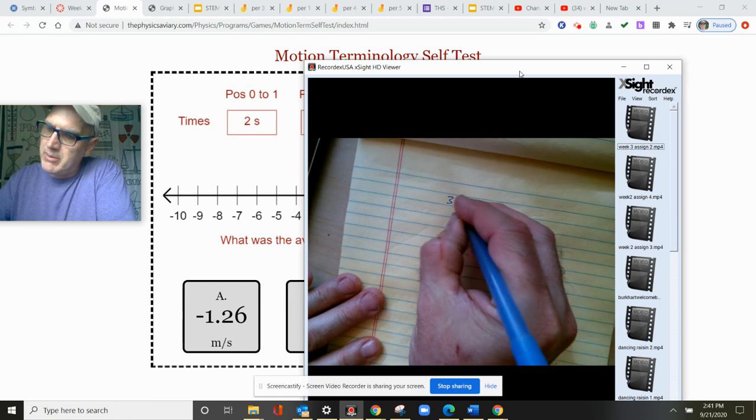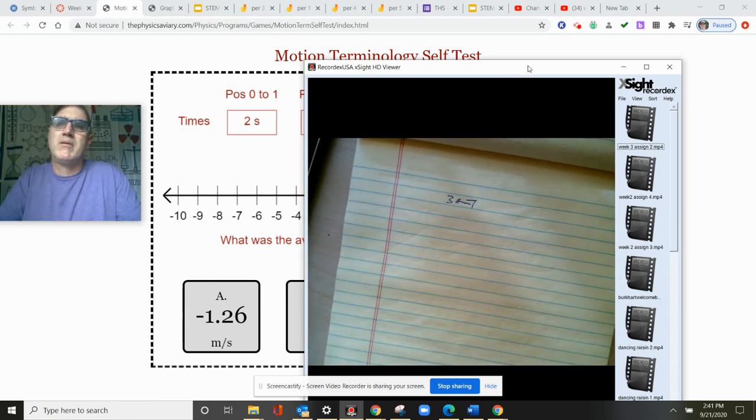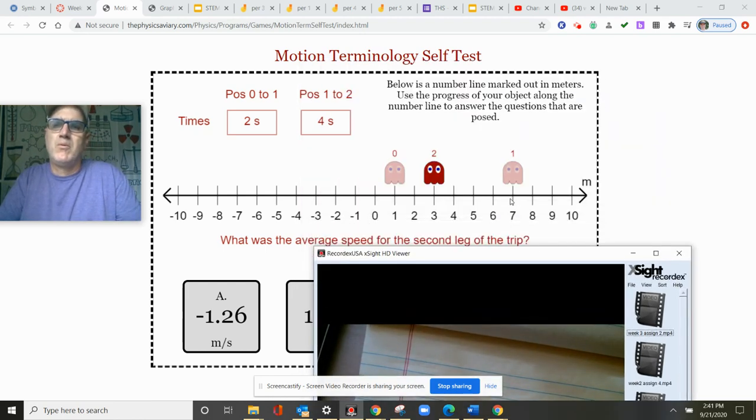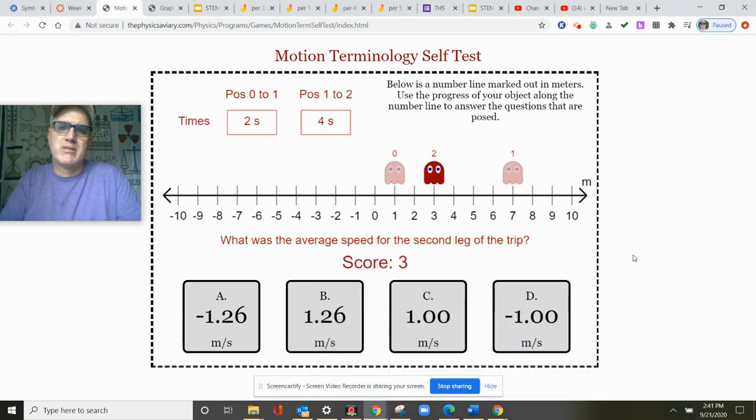So basically we went 1, 2, 3, 4 units in 4 seconds. Since speed doesn't have a direction, we can just put 1 meter per second. Let's see if that's a choice.